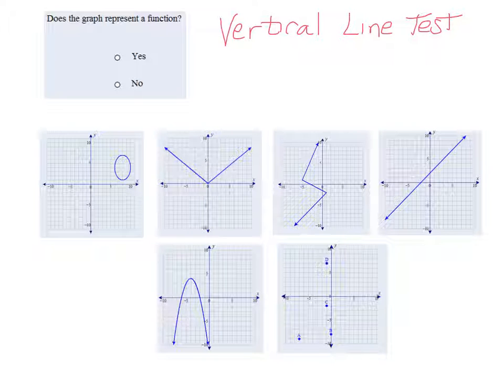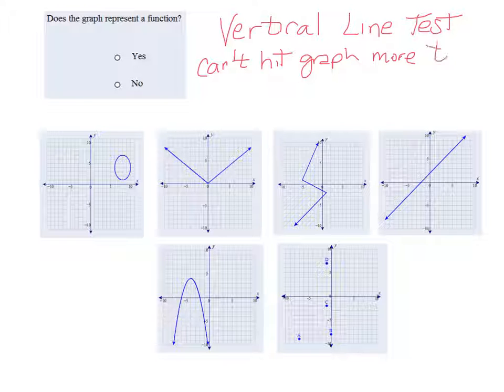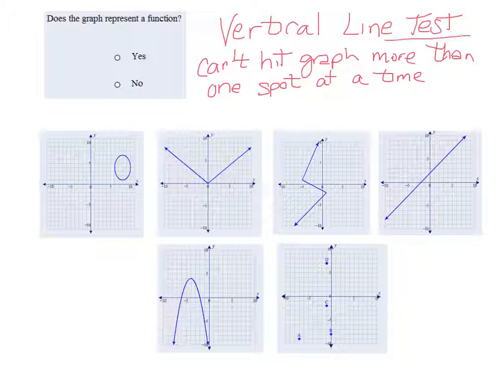The vertical line test says that if you run a vertical line across your graph, it can't hit the graph more than one spot at a time, let's say in our notes. That's what we use our vertical line test for.